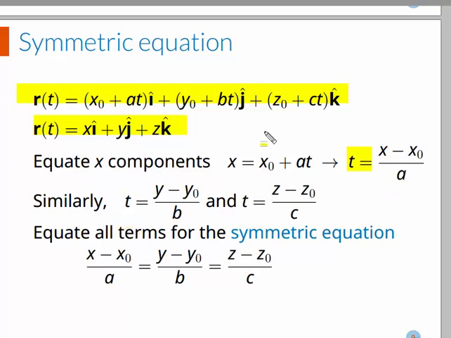Now since all three of these, I'll highlight them here in some color, this, and this expression are all equal to t. They're all equal to each other. And by writing them all equal to each other, that is called a symmetric equation for the line.